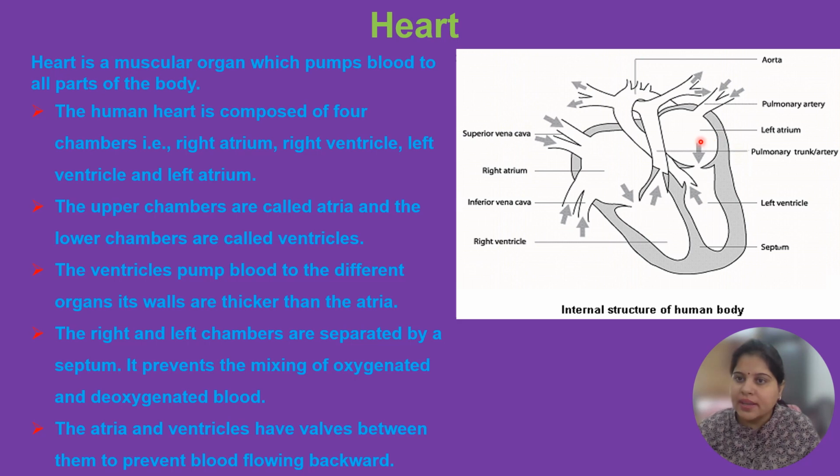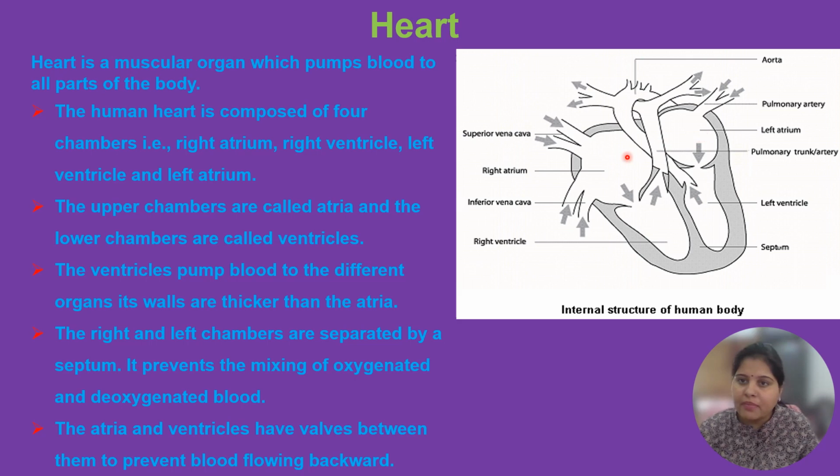Looking at your right hand side, you will define left atrium and left ventricle. The upper chambers are known as atria and the lower chambers are known as ventricles. So on your right hand side, you will define the upper chamber as the left atrium, the lower chamber is the left ventricle. On your left hand side, the upper chamber is the right atrium and the lower chamber is the right ventricle.